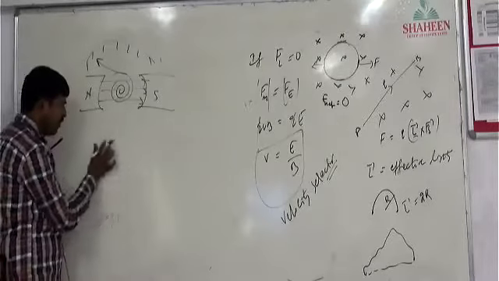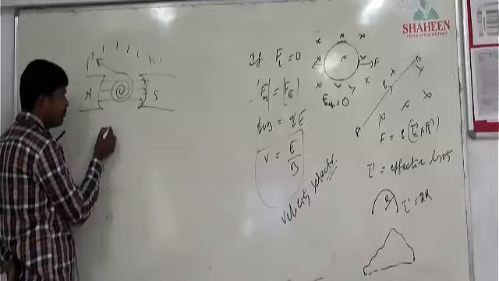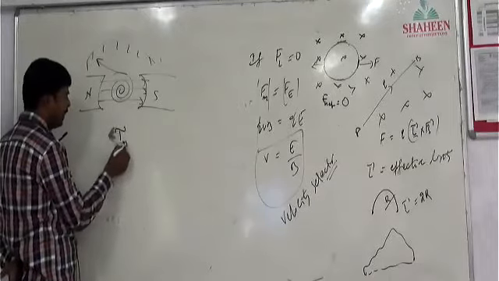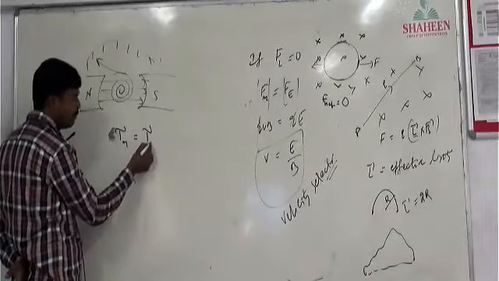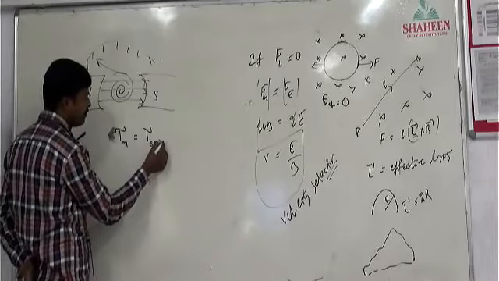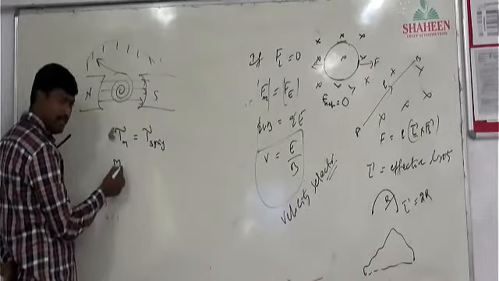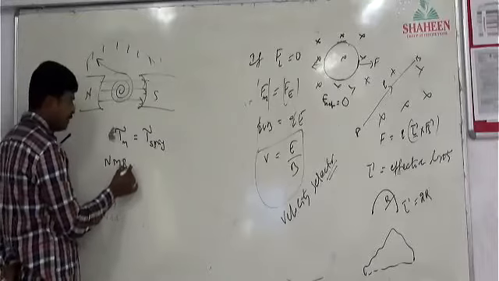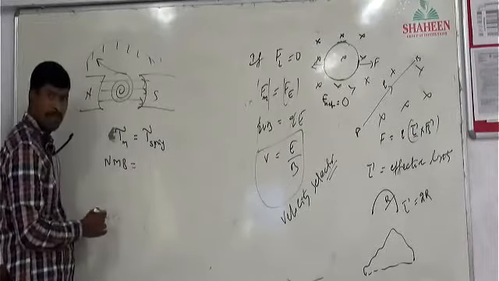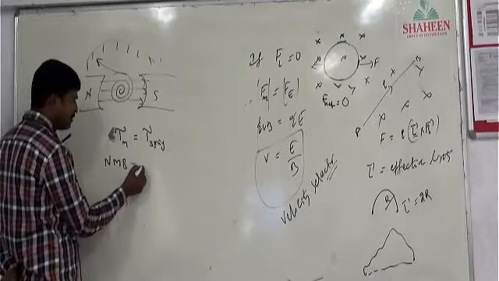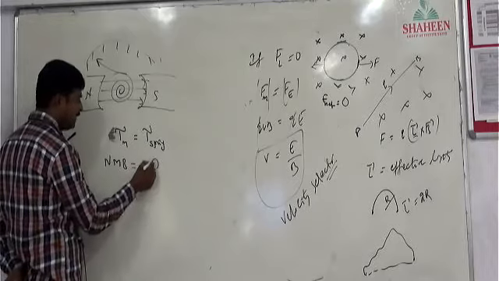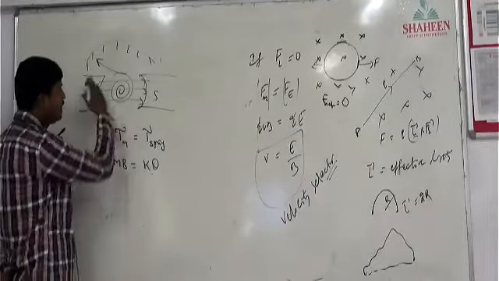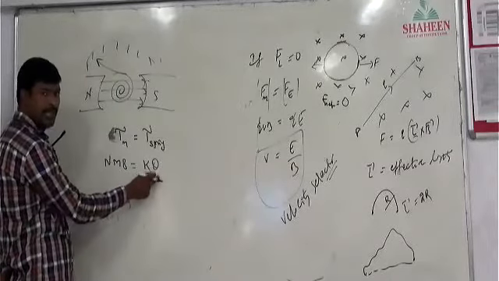So the torque produced by the magnetic field, tau M, should be balanced by the torque produced by the spring force. The torque is MB sine theta, and here it is 90 degrees, so MB only. For N turns, NMB equals the spring torque, which is K into theta, where K is the spring constant and theta is the angle deflected.